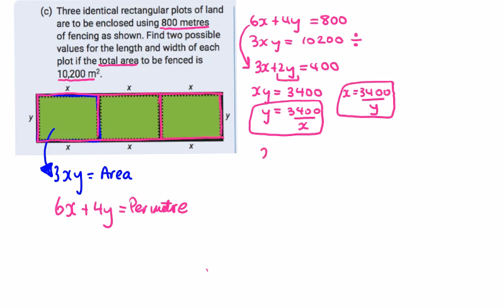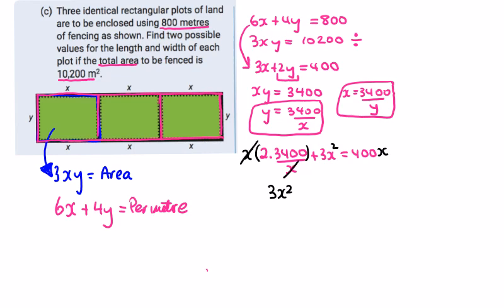I'll always pick the lowest number, so I'm going to sub in for y. So I'm going to get 2 times 3,400 over x plus 3x equals 400. So I need to multiply by x to get rid of the x on the bottom, and that creates an x squared then. So x by this guy, x by this guy, and x by this guy is going to leave us with 3x squared.